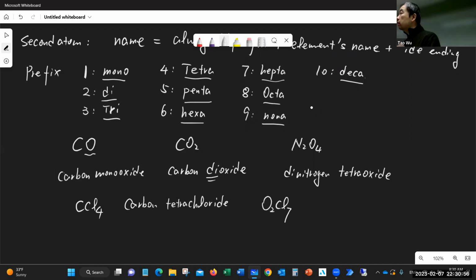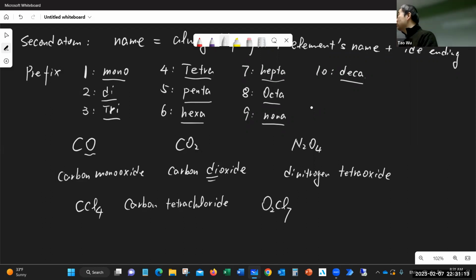Okay, how about this? A lot of those molecular compounds are pretty weird. You've probably never seen this before.